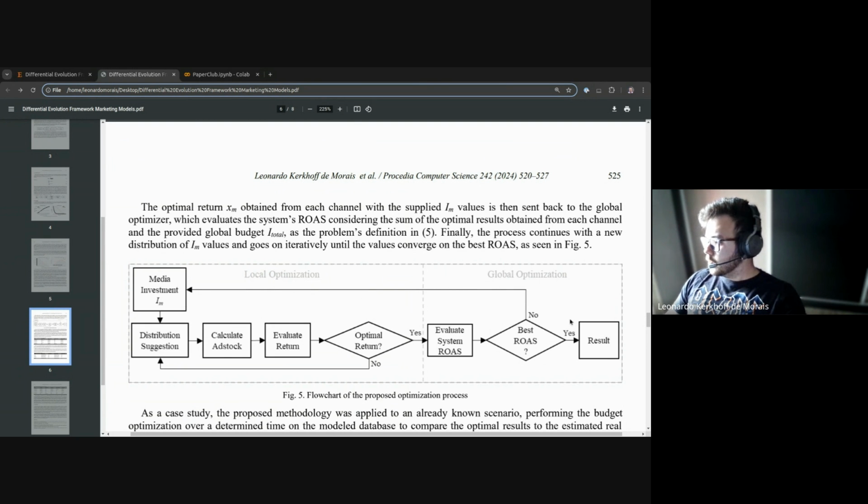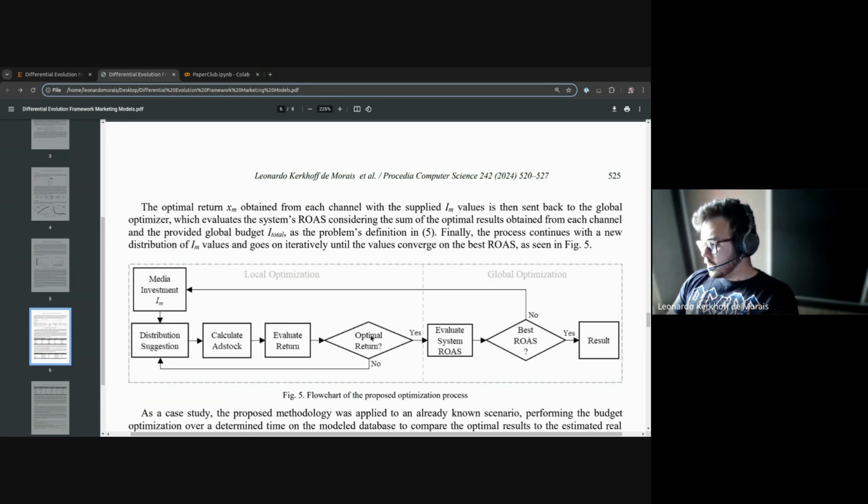So let's suppose we sent 10,000 to YouTube. The evolutionary algorithm of YouTube would pick this 10,000, allocate it through time, calculate the Adstock, evaluate the return based on the saturation curve of YouTube, and check if it's already at the best result.